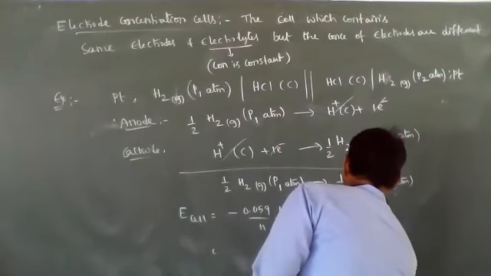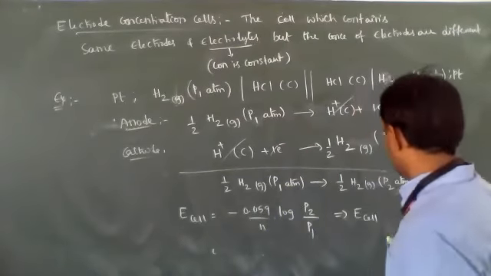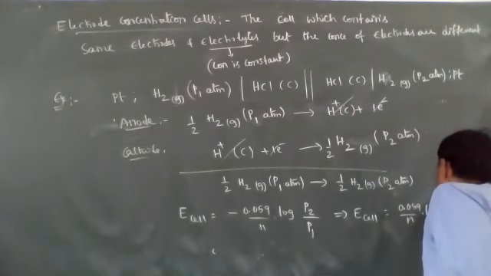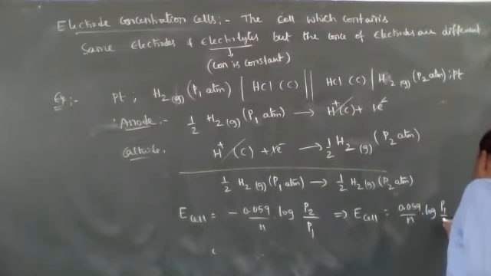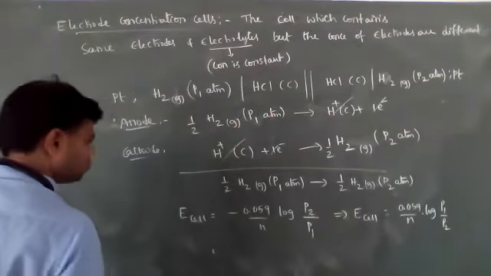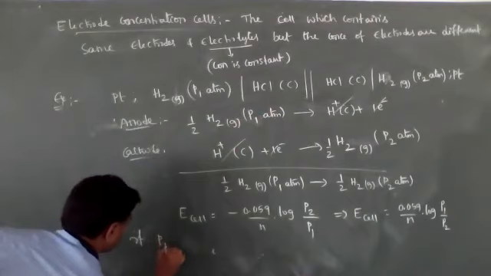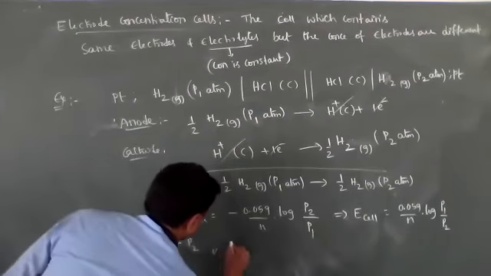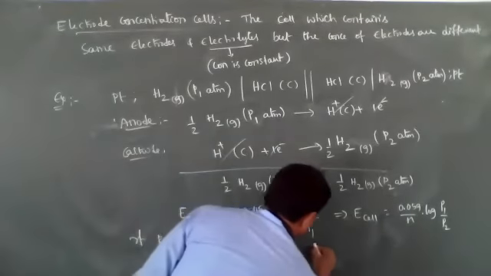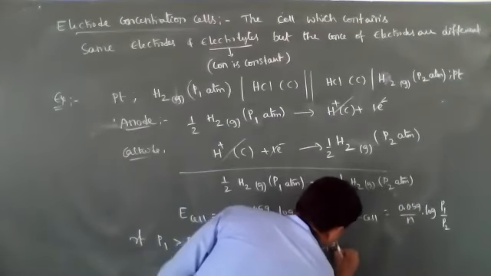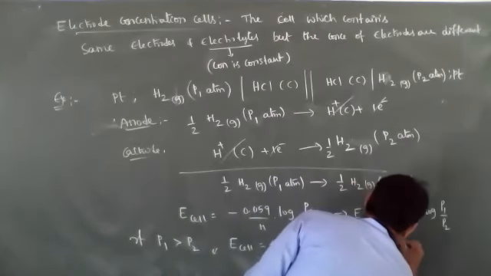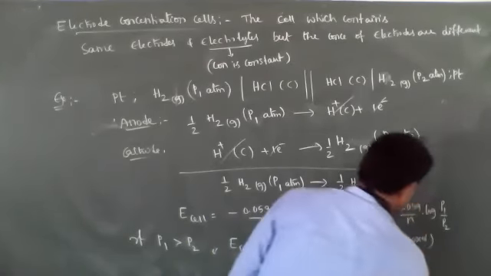Then E cell is equal to 0.059 by n into log P1 by P2. So when E cell becomes positive, if P1 is more than P2, then E cell is positive, spontaneous, and the forward direction takes place.